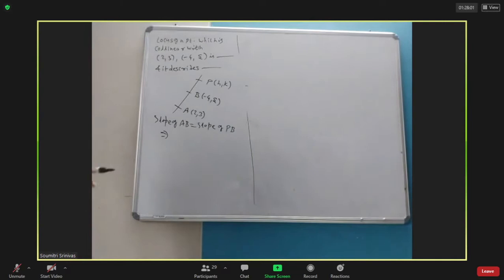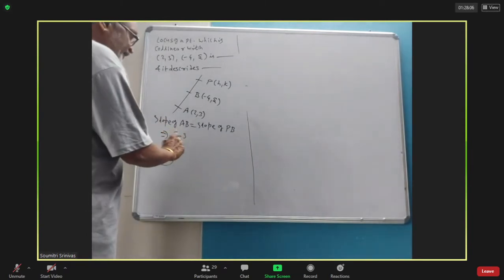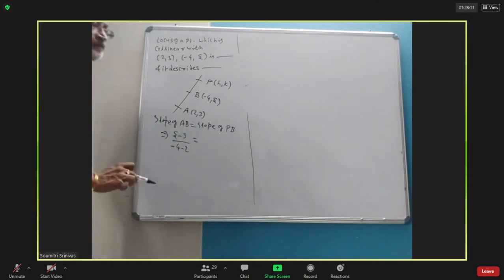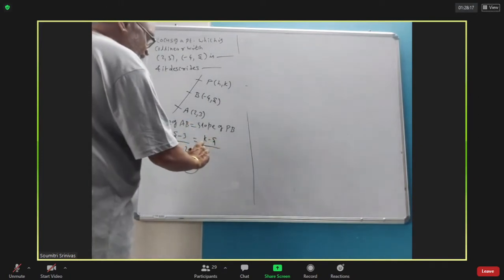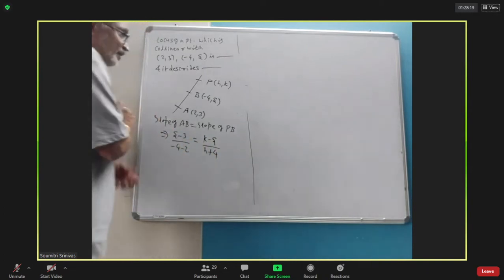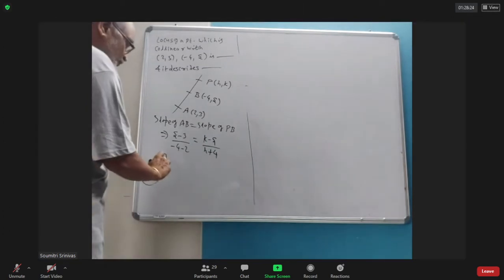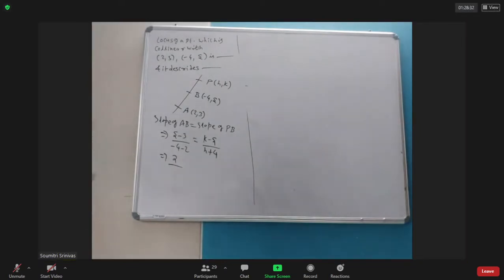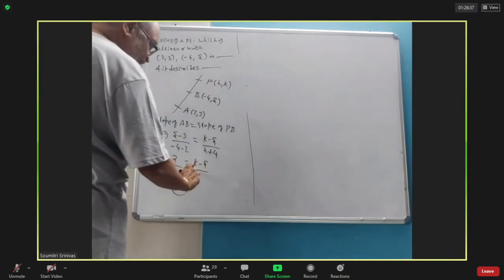What is slope of AB? Minus 3 by minus 4 minus 2, that is minus 1 by 3. Slope of PB is k minus 5 by h plus 4.